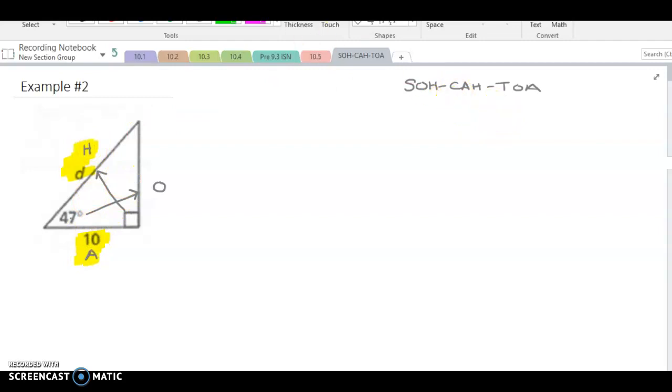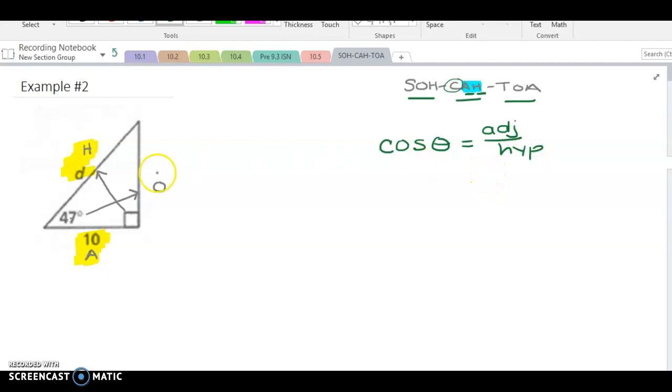I'm going to look up here to SOH-CAH-TOA and ask myself which one of these has adjacent and hypotenuse paired together. Adjacent and hypotenuse is right here paired together, so that tells me I'm going to use cosine. So I could say cosine of any angle equals adjacent over hypotenuse.